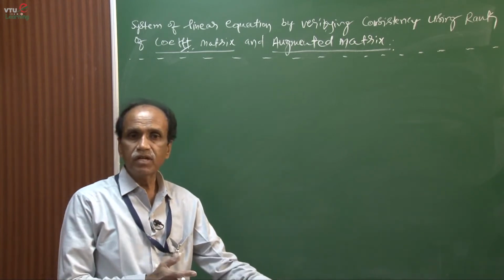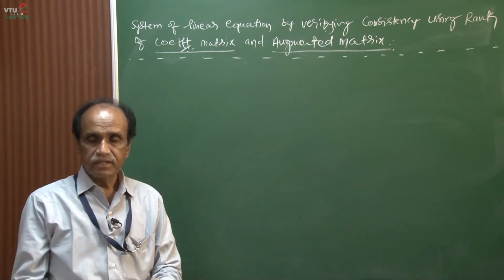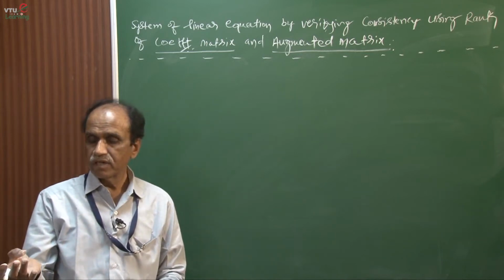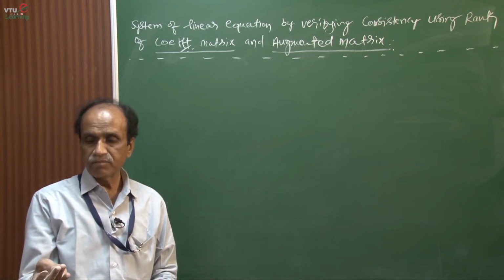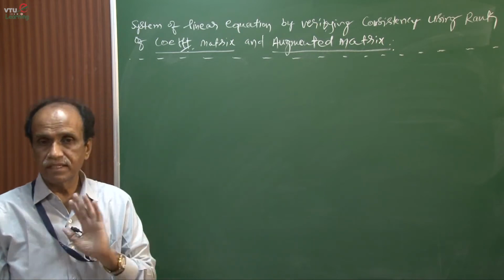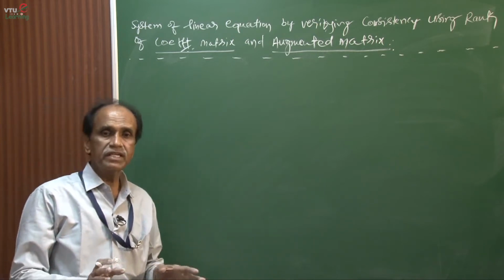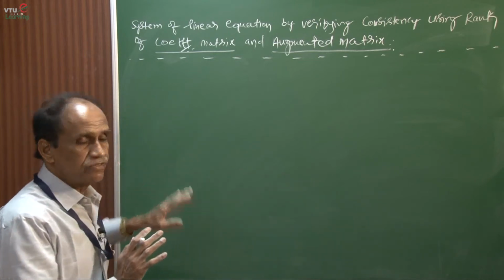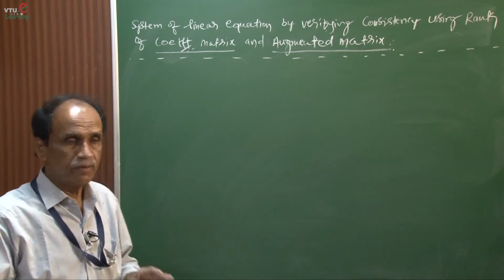If they are equal, we will compare the number of unknowns with the rank of the matrix: equal, not equal, and less than the number of unknowns. So these three cases are very important. Now I shall write symbolic wise first, afterwards I shall solve the problems.